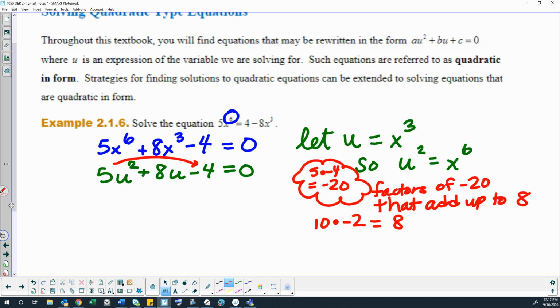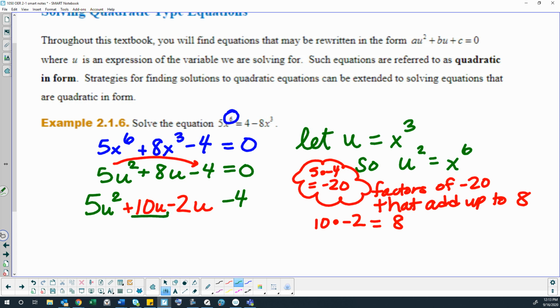We want that middle term to be an 8, so that's what we're going to use. So we can rewrite our whole thing as 5u squared and negative 4 at the end, but instead of the 8u in the middle, we're going to replace it with 10u minus 2u. Does this seem familiar? Then we can factor by grouping.